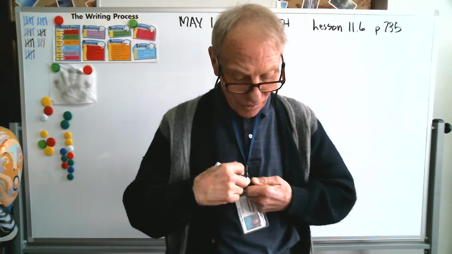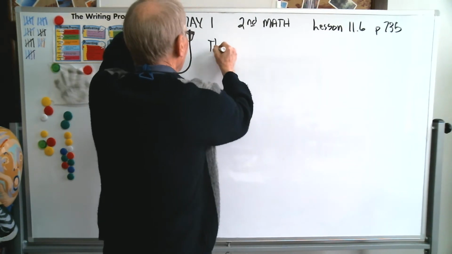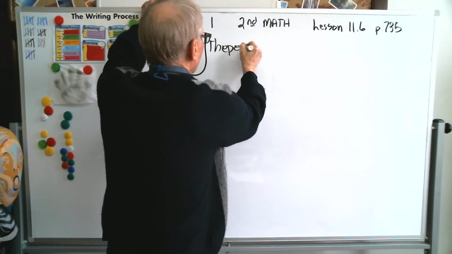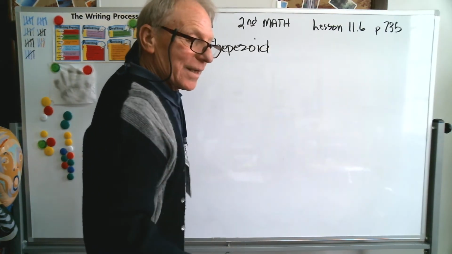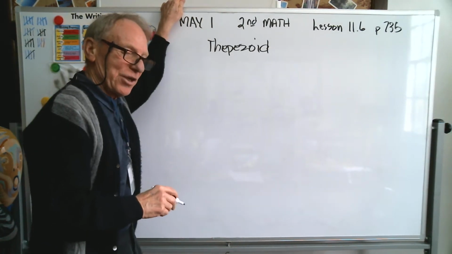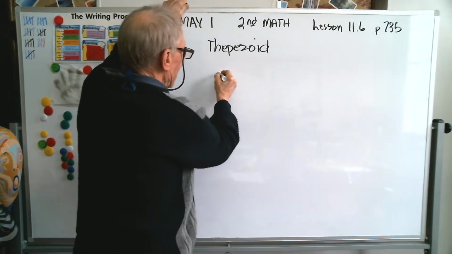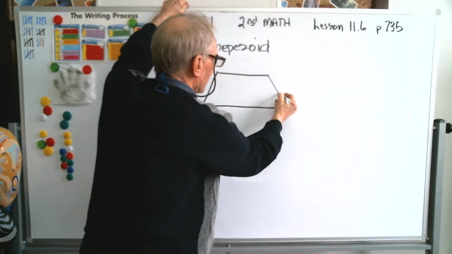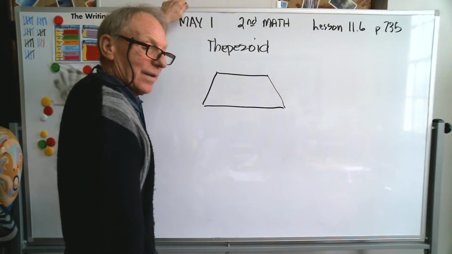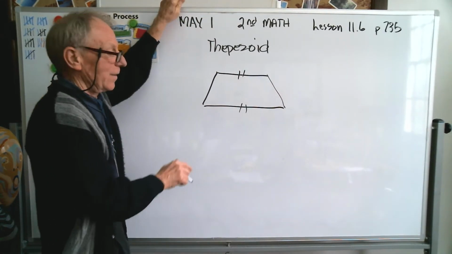Now, a trapezoid is a particular shape in geometry. And what makes it a trapezoid is the fact that when you look at it, these two sides, they're parallel.